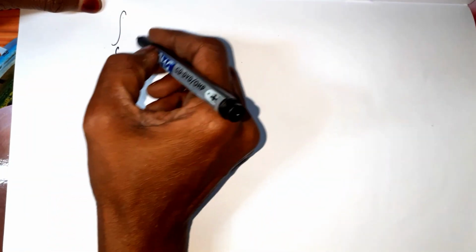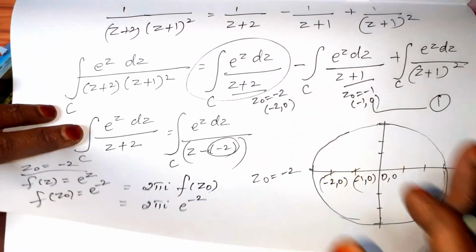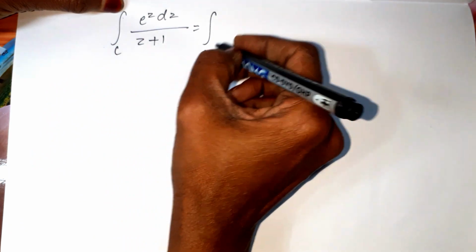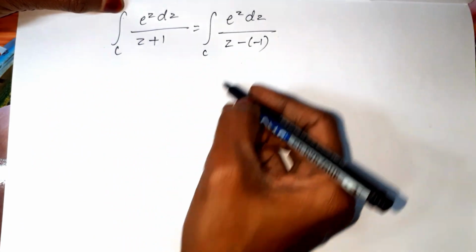Come to the next one. Integral over C e power Z dz by Z plus 1, which is equal to integral over C e power Z dz by Z minus of minus 1.